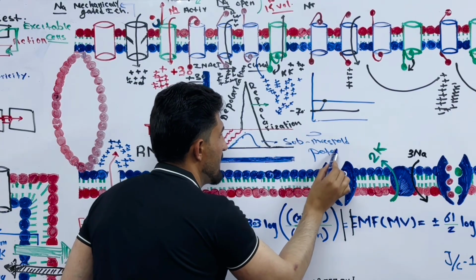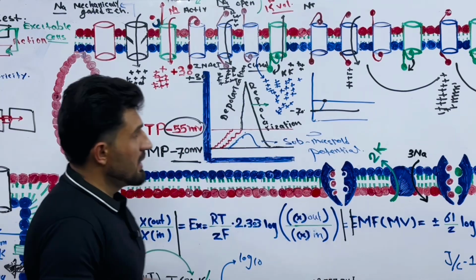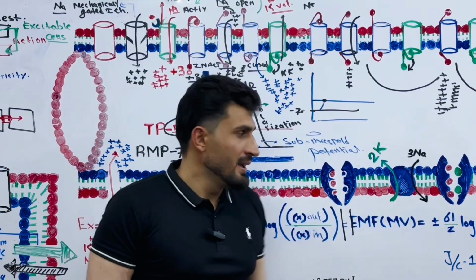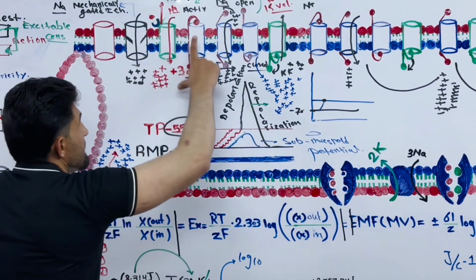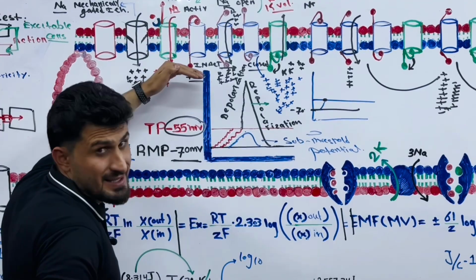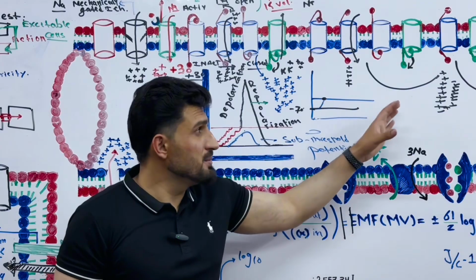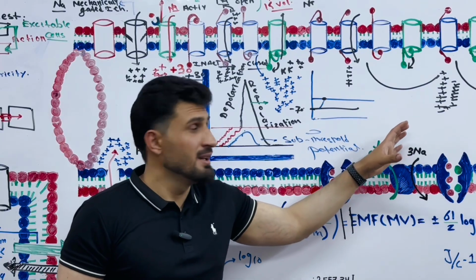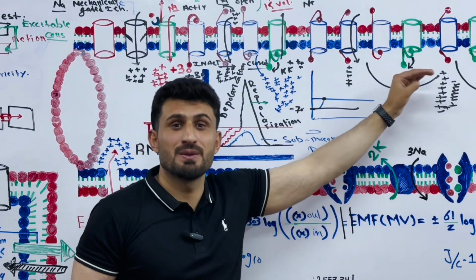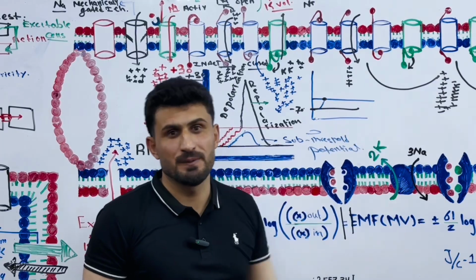And here also we have a rule which is called all or none. It means when a part of a cell is stimulated, or it's carried from the resting state to the threshold state, all cells have to be stimulated. It means they need to go from resting membrane potential to threshold potential, and from threshold potential to action potential.